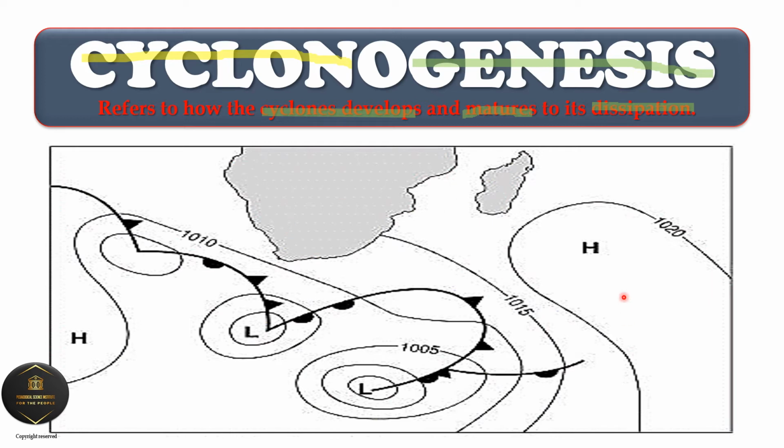Now just to cover a bit of content, you remember in the lessons we've had, we said that this isobaric pattern being depicted here, this line showing 1010, is showing that there is constant pressure across these low pressure systems or cyclones, and we call that line a col.